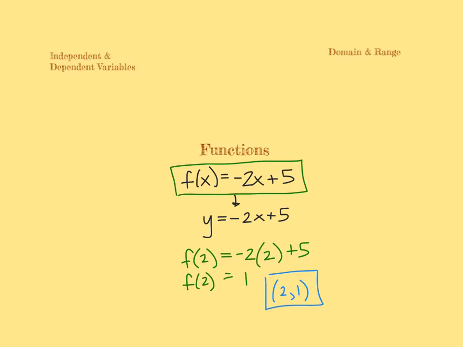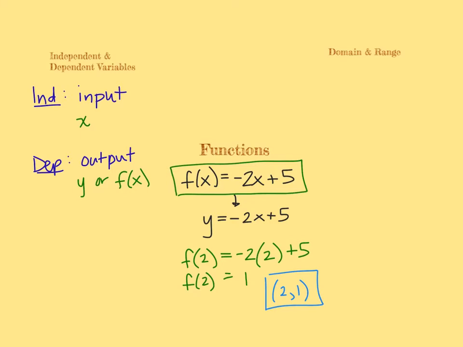So independent, that is the input, and the dependent variable literally depends on what you plug in. That's what pops out of the function. So in this case, our example that we did, our independent variable is x, and our dependent, our output, is y, or f of x, because it depends on what we plug in.